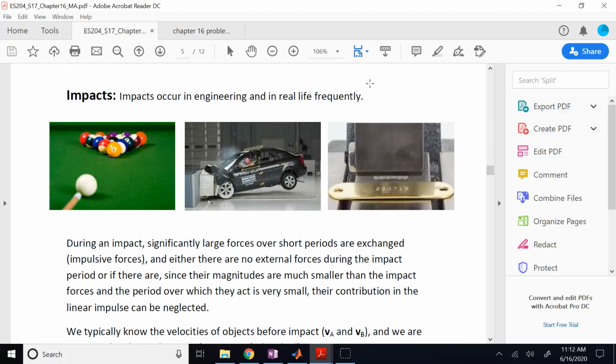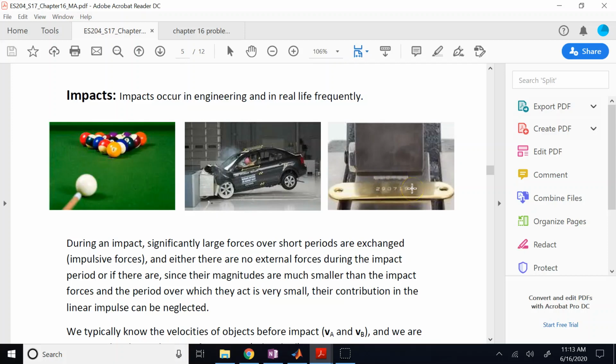Now, let's see. Impact and collision are things that happen a lot in real life, whether you're playing pool or billiards, whether you are, God forbid, in a crash, or whether you are forming metal, or putting some deboss or emboss on the metal.